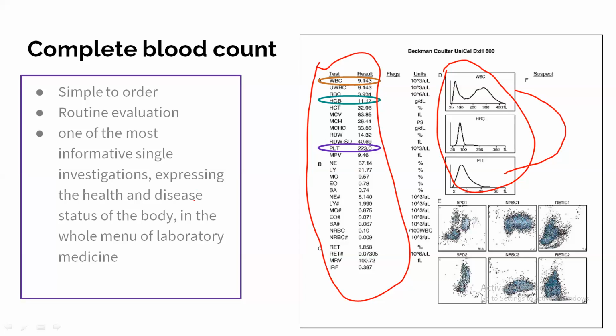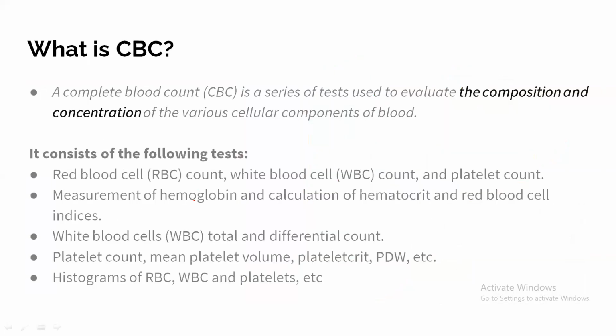If you add extra parameters like immature platelet fraction and reticulocyte count, your cost may go up to 100 rupees, not more than that. Such a simple, inexpensive test gives us a lot of information in clinical practice.